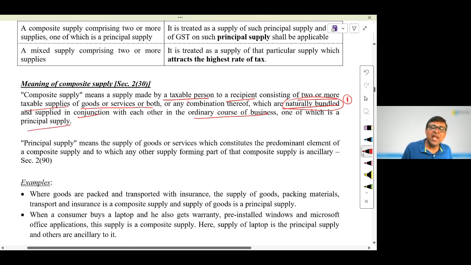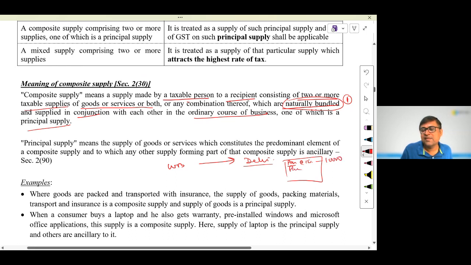For example, I'm selling this pen to my customer located in Delhi, from West Bengal to Delhi. Now, in the invoice I prepare, I charge packing charges. I also charge the price of the pen, which is taxable at the rate of 12%, say 1 lakh rupees.